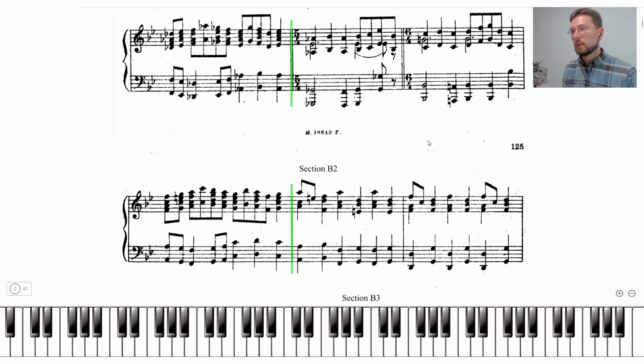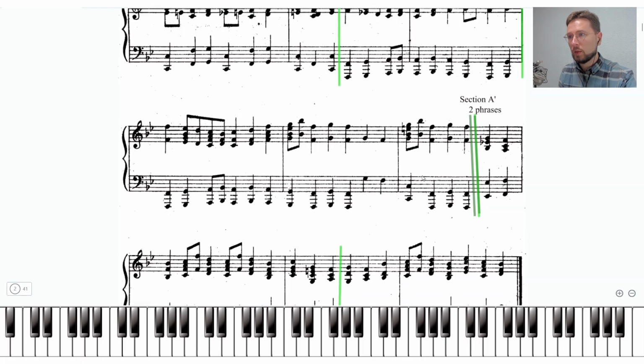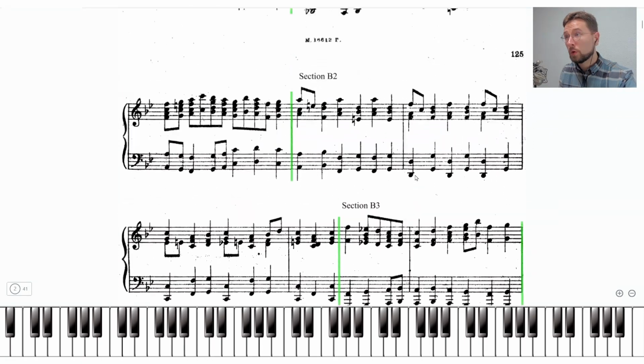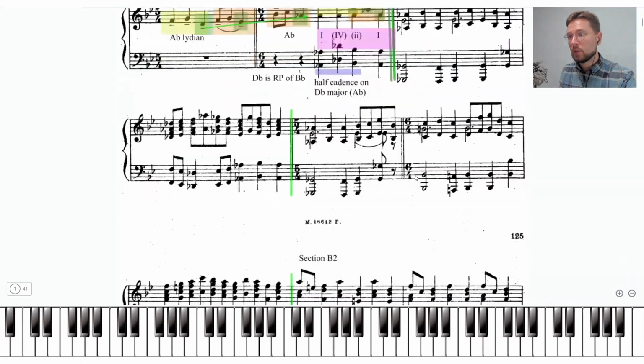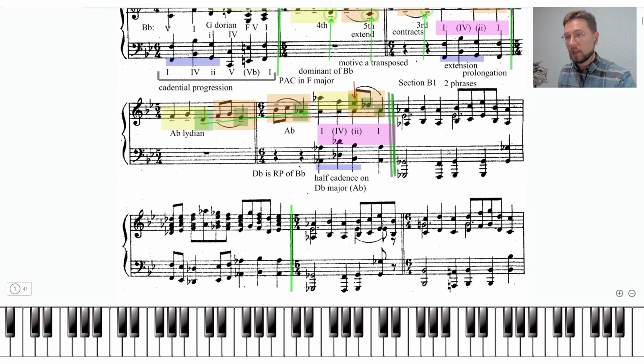I would say that still we're not really feeling B flat at all as the main key. Really, B flat appears to be happening very late in the piece, but here this doesn't sound like B flat. It rather sounds like A flat major.